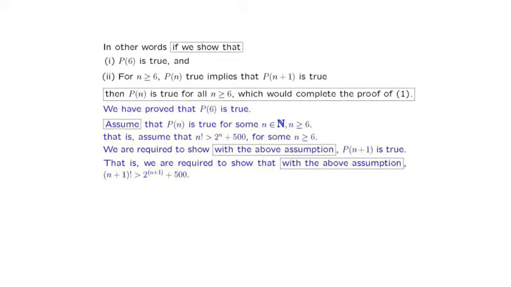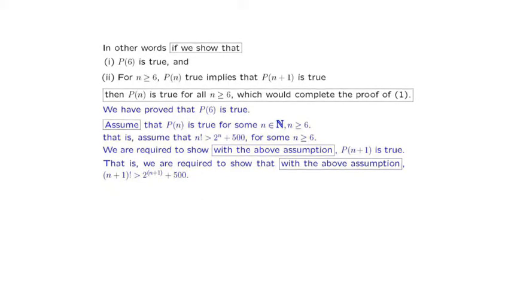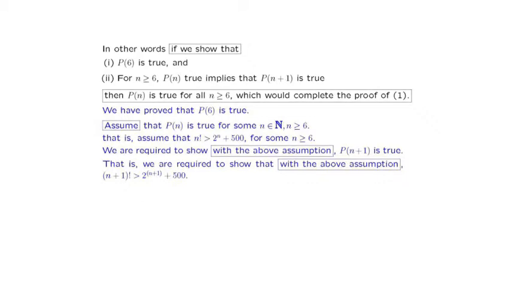We are required to show, with the above assumption, that Pn plus 1 is true. That is, we are required to show, with the above assumption, that n plus 1 factorial is greater than 2 to the n plus 1 plus 500.